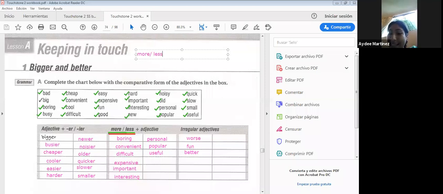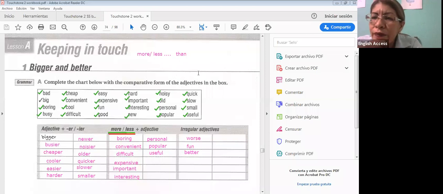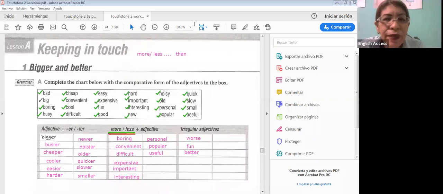Less. What is the other word that we use, Aide? Pay attention above. I have more or less, and there is another word. Can you see the example that I have?